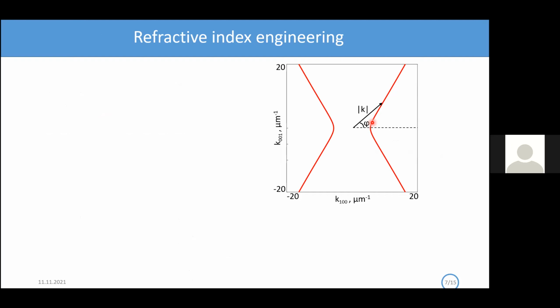As clearly seen from these isofrequency curves, the wave vector depends on the propagation direction in the slab. So we had an idea to create resonators in which the resonant frequency will depend on the resonator orientation.